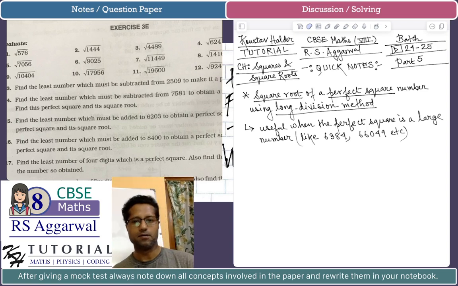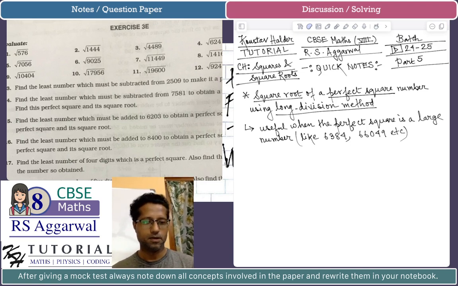I have the problems of exercise 3E on the left hand side. I hope it is visible. Let me quickly check whether everything is visible or not. Okay, I hope you can read the questions from exercise 3E.